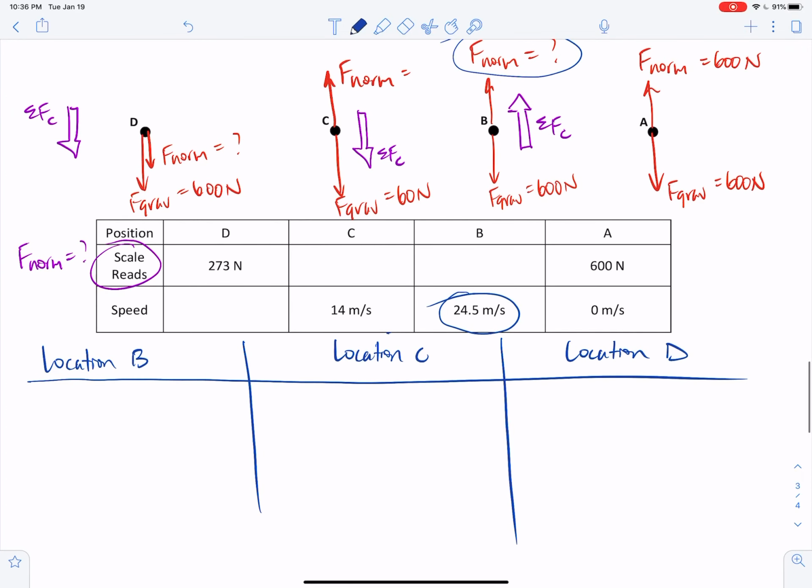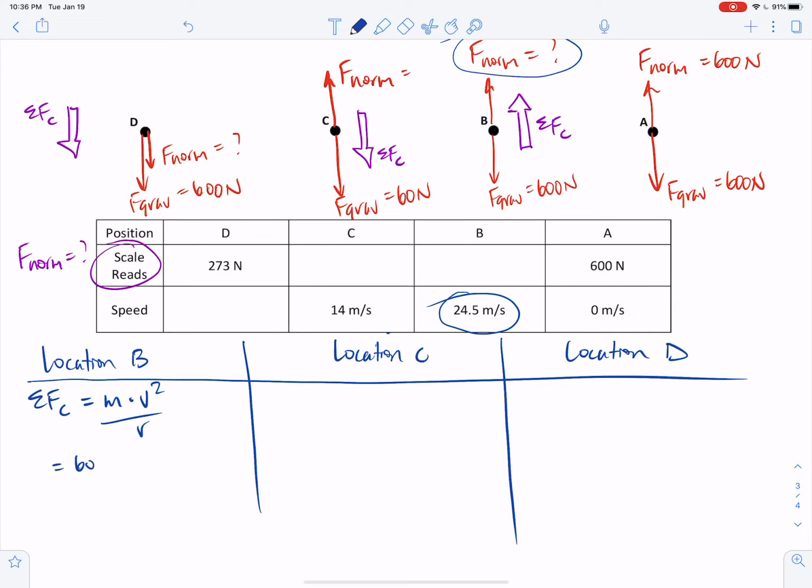I'm going to start with this statement of Newton's second law, which is that the sum of the forces acting in the centripetal direction will be equal to the mass times the centripetal acceleration. But the centripetal acceleration is just the velocity squared divided by the radius. And then I'm going to begin to plug in some numbers.